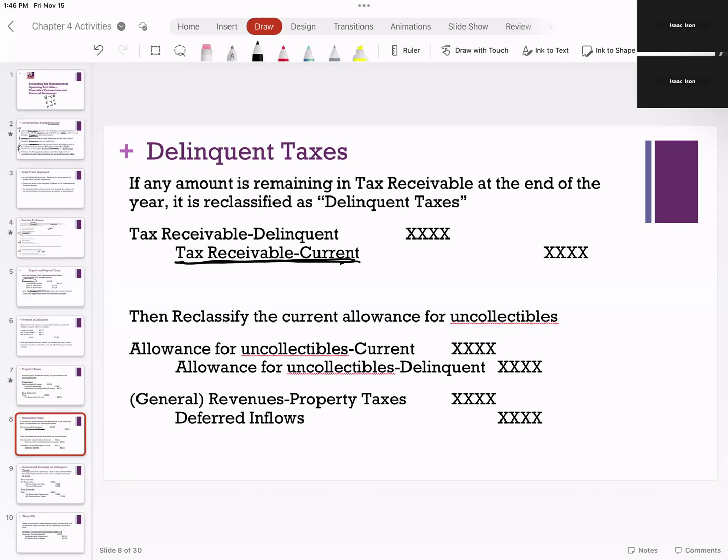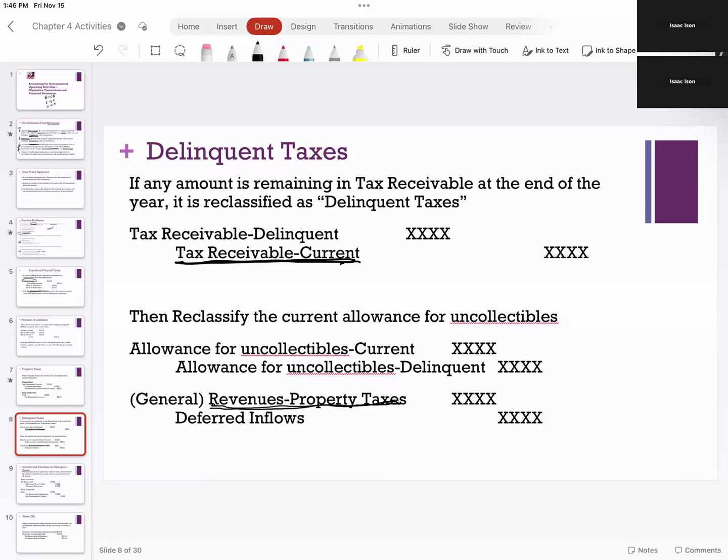And then we also reduce down our revenues, because remember our rule for revenues under modified accrual is that it has to be measurable and available. So because now we don't think we're going to collect it within the current year plus 60 days, we reduce the revenues and then we credit deferred inflows, which I need to do a video on, deferred outflows and deferred inflows.